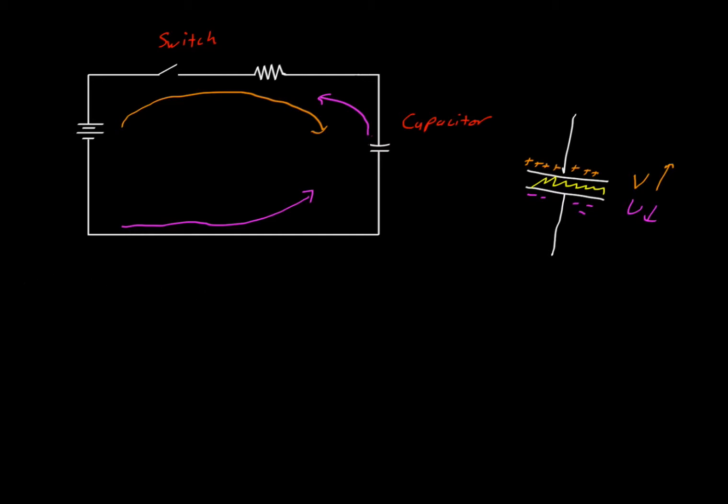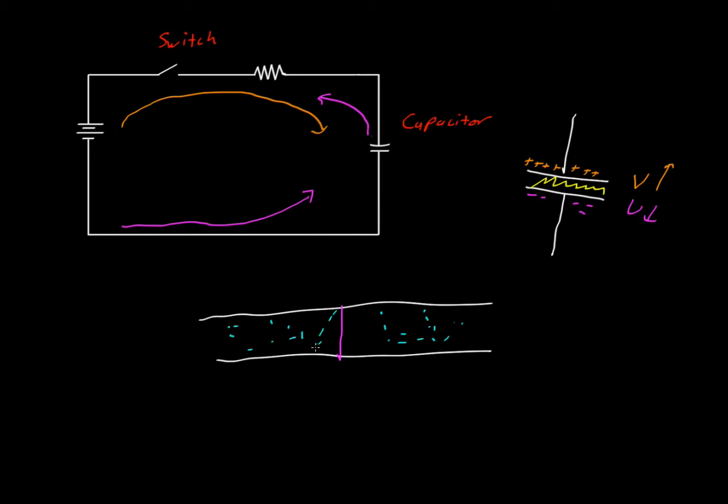Another way to think of it, if you're a fluids person, is if you have a pipe and you have a rubber membrane in this pipe. Okay? If you have water on both sides of it, this is with the switch open.